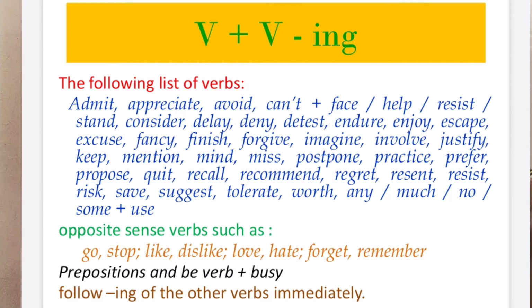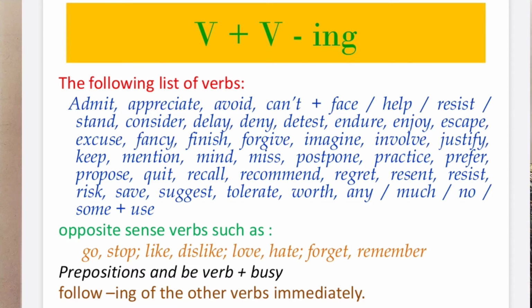The blind man admitted singing a song. That is how the example goes. Not only these verbs, there are also some other verbs which take ing immediately after them, and here is a peculiar technique to get them memorized.